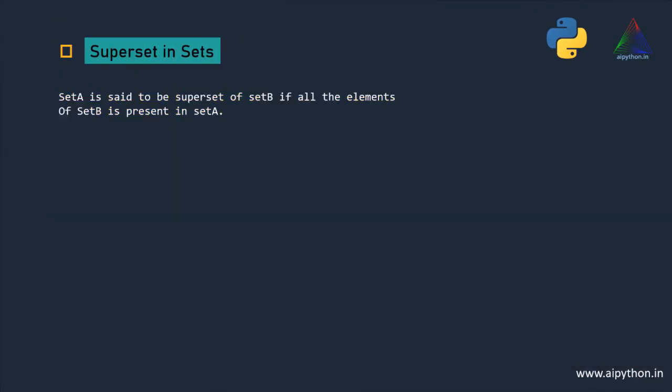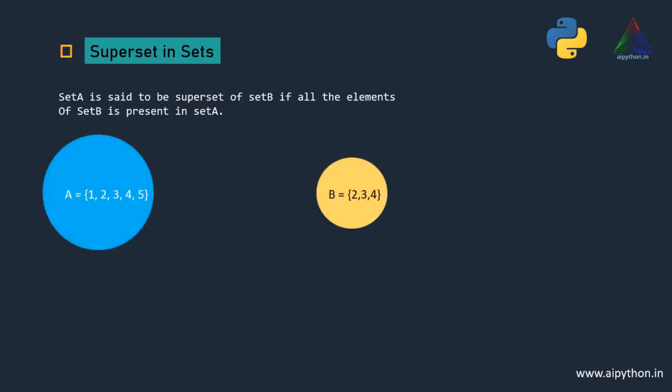Now superset. What is a superset? Set A is said to be a superset of set B if all the elements of set B are present in set A. Confused? Watch this animation. Okay, so we have two sets, A equal to 1, 2, 3, 4, 5 and B equal to 2, 3, 4. Now what do we want to check?